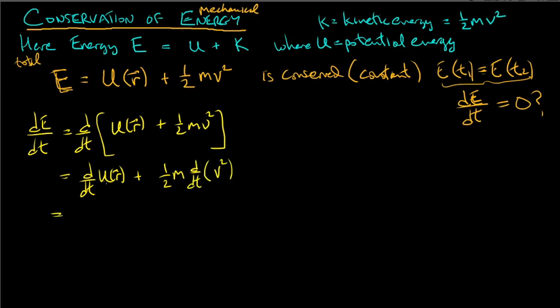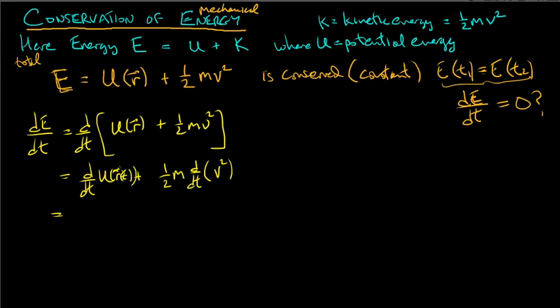Right. So here, though, u might be a function of time, but only indirectly, only because r is a function of t. So maybe I should make this more explicit. R, the position, will of course depend on t here. So this is r of t. This requires the chain rule.